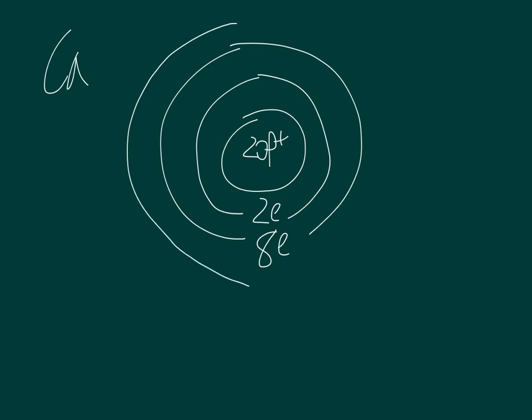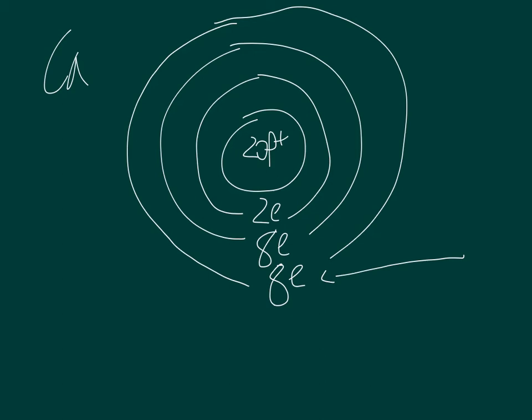And we're only going to fill our third energy level with 8. So 18 is only possible in our periodic table after element 31, gallium. Before then, we max out our third energy level at 8 electrons.